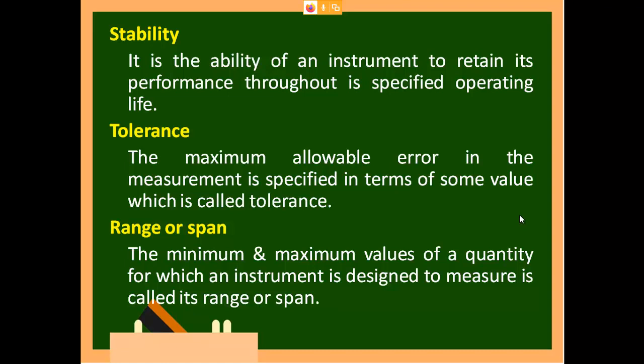Without any tolerance we cannot manufacture any particular device. All will have a particular level of tolerance. Depending upon your work, you say whether it is low tolerance or high tolerance.